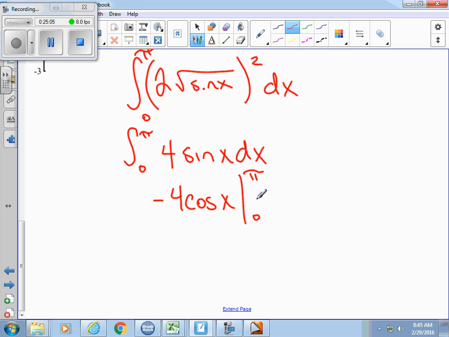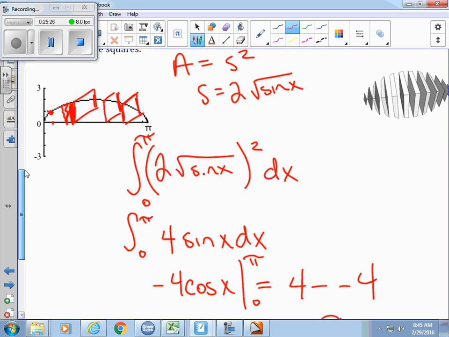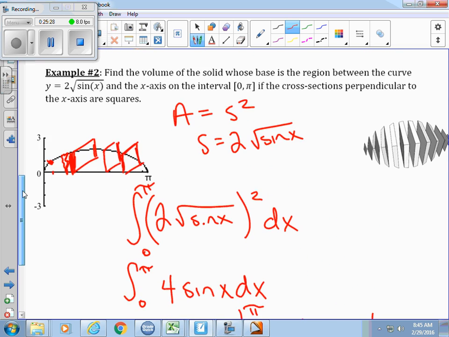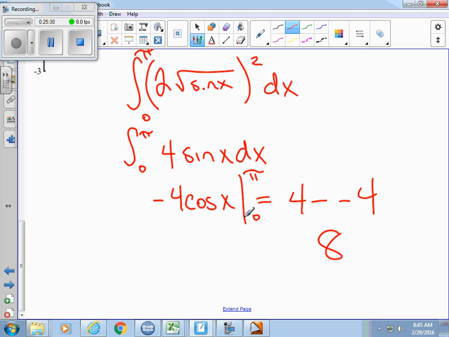I didn't, but you would. Cosine of pi is negative 1. Cosine of 0 is 1. So 2, and that would be cubic units, whatever the units were. It didn't tell me, but that would be cubic units because it is a volume. It's the volume of that shape.